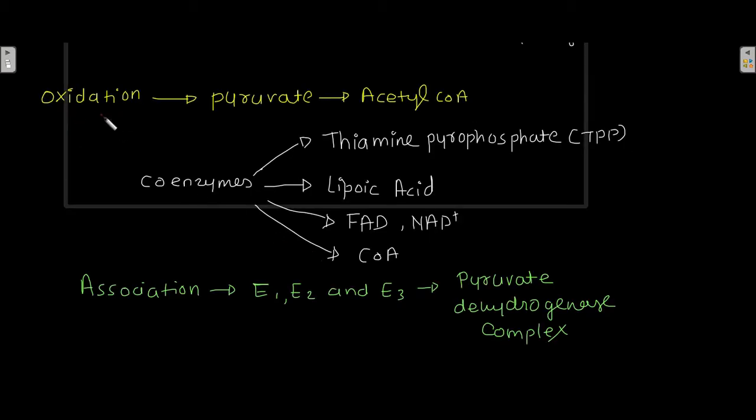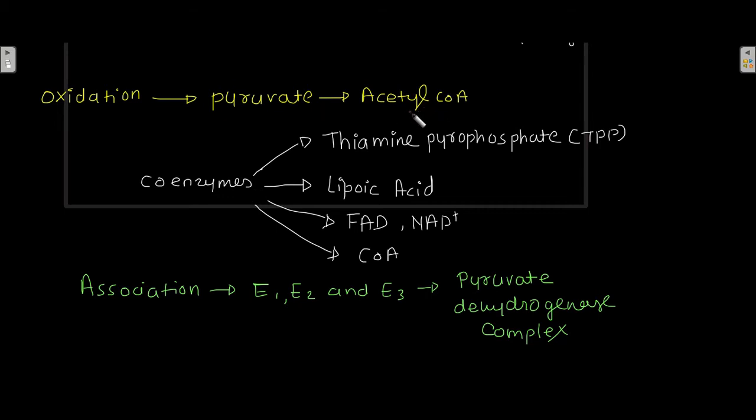Now, the oxidation of pyruvate into acetyl coenzyme A involves these coenzymes: thiamine pyrophosphate TPP, lipoic acid, FAD, NAD+, and coenzyme A.